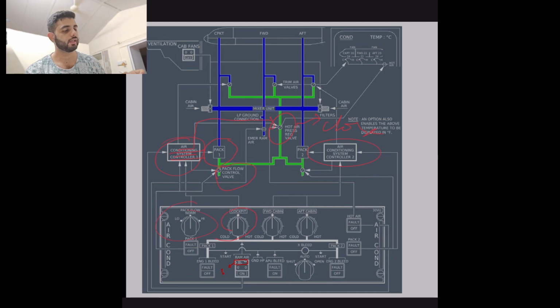So the idea is that you're on one pack supply and your trim air valves are also shut. There is a different logic which other people also use: two trim air valves shut because of an ACSC failure, and that's why the hot air pressure regulating valve also closes. That is also true. The hot air pressure regulating valve has automatic closing, but it's also good to consider that you're running on one pack only.